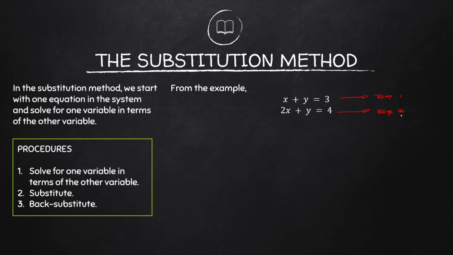Let us take equation 2 first. That is 2x plus y equal to 4.